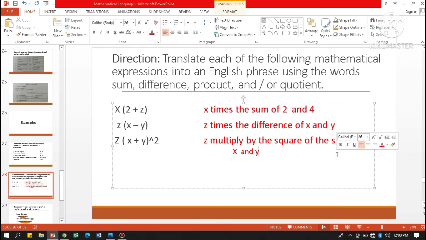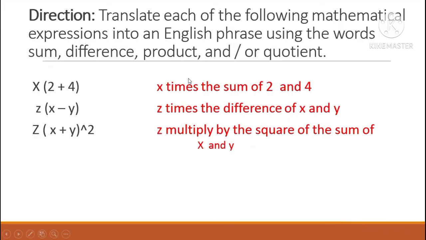So, x times the product, the sum of 2 plus 4. This one is 4. So, x times the sum of 2 and 4. And the second example is a times the difference of x and y. The next one is a multiplied by the square of the sum of x and y.